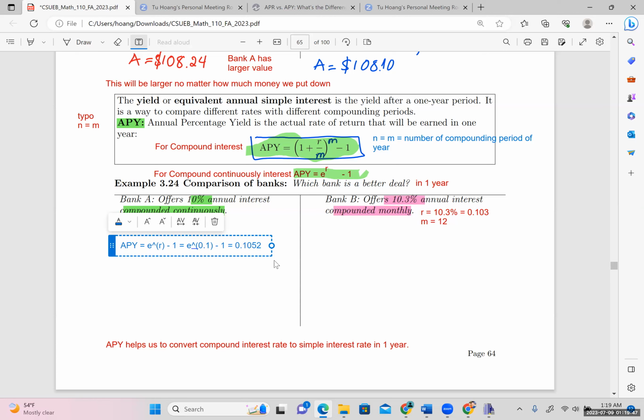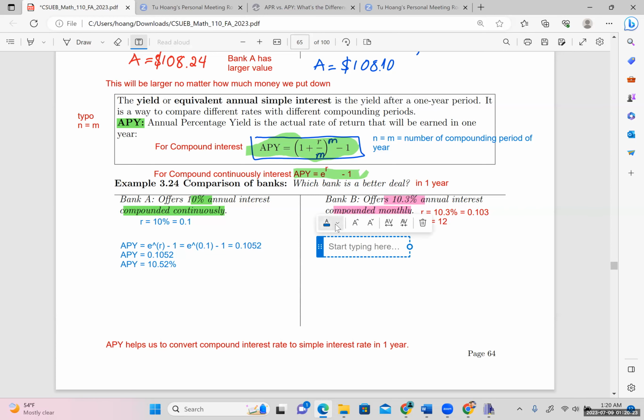So APY will equal 0.1052, and then I convert it into a percent by multiplying by 100%, so 10.52%. Maybe I write APY here, 10.52%. All right, so that is for bank A.